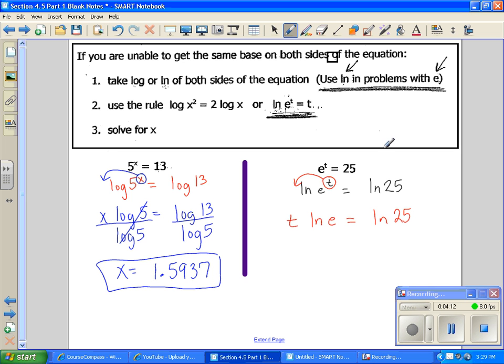We recall that the natural log of e is equal to 1. So this becomes 1, that's 1 times t, which is equal to the natural log of 25, and then t equals, when you put natural log of 25 in the calculator, you get 2.189.